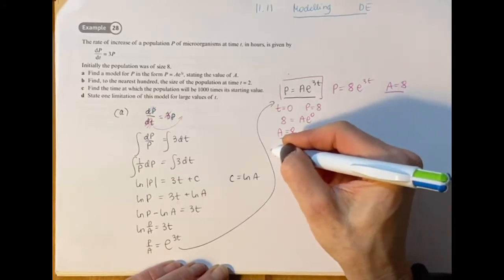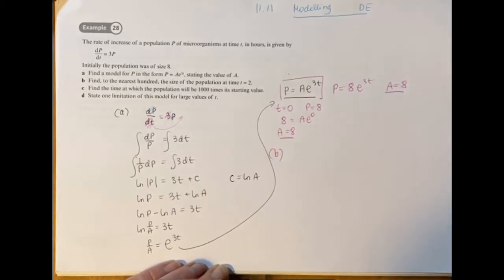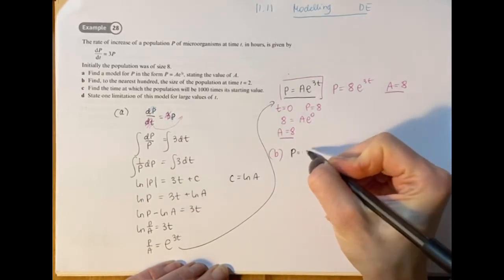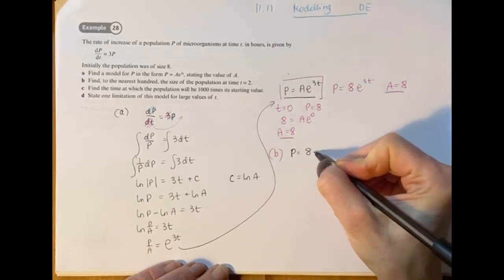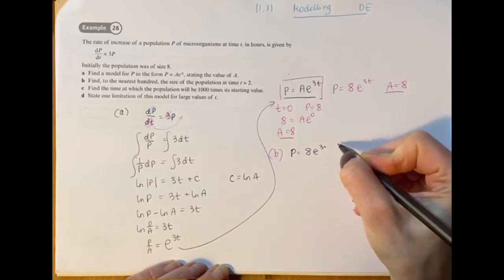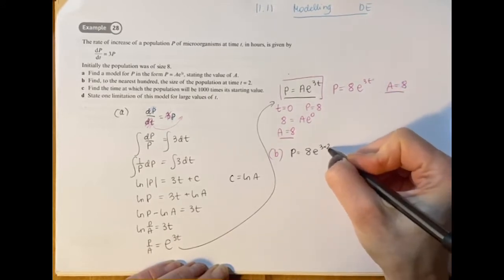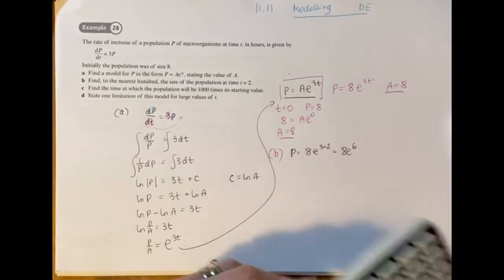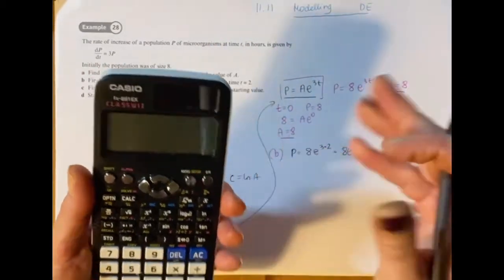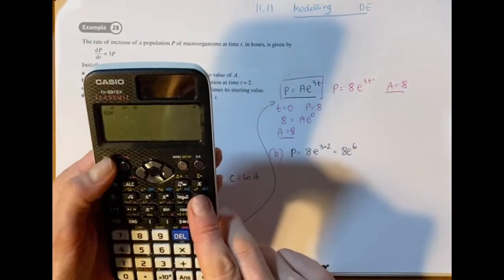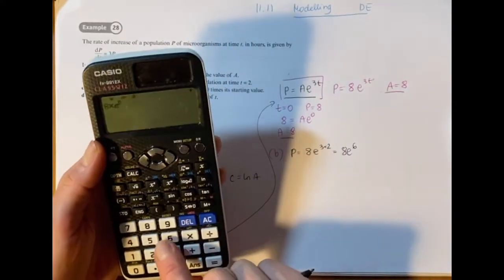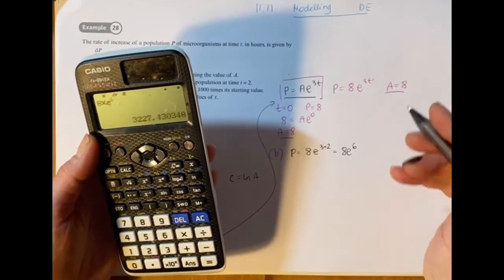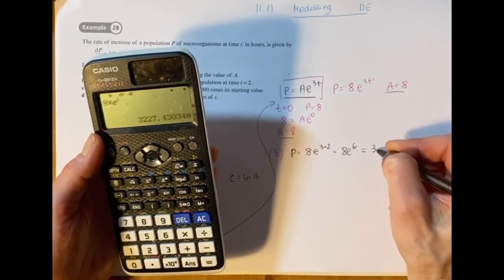So part B, find to the nearest 100 the size of the population at the time t equals 2. So you've got to replace that t over here with 2. So it's 8 e to the power of 6. So 8 times e to the power of 6 is 3227.4.